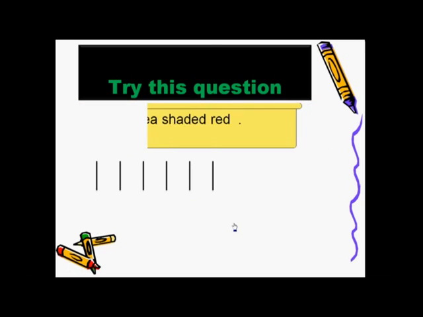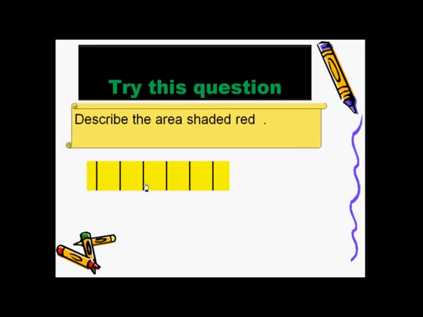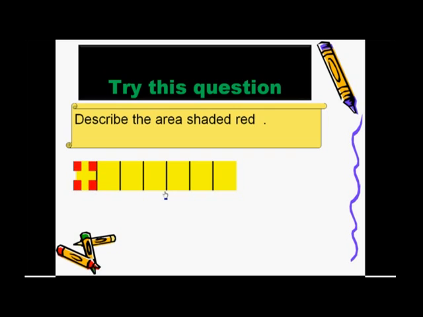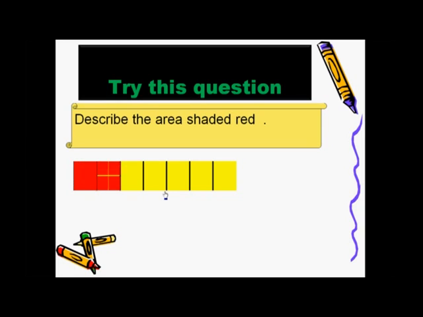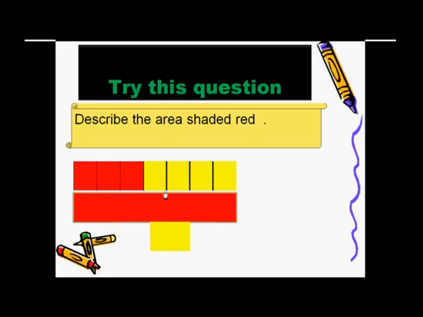Try this question. Describe the area shaded in red. Let's go back again. Take full notes of what's happening there. So we have shaded that, and that, and that. We have shaded that, and we've also shaded that.